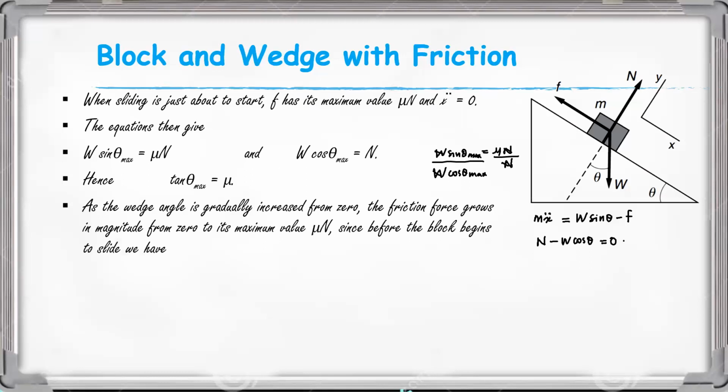As the wedge angle is gradually increased from 0, the friction force grows in magnitude from 0 to its maximum value mu N, before the block begins to slide.